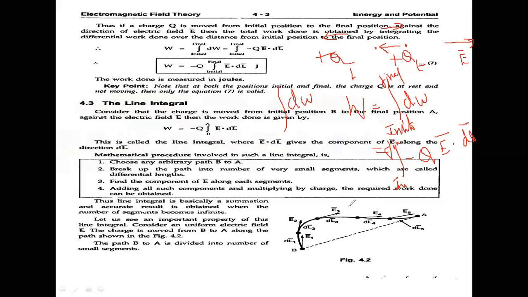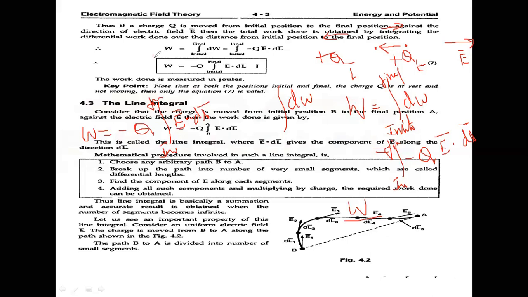So then W is equal to minus Q integral from the initial value to the final value of E bar dot dl. The work done is measured in joules.